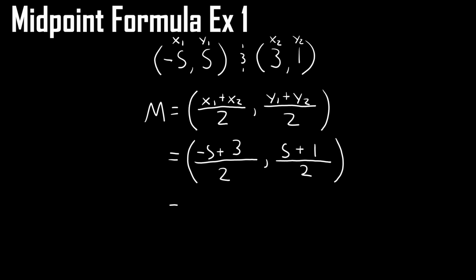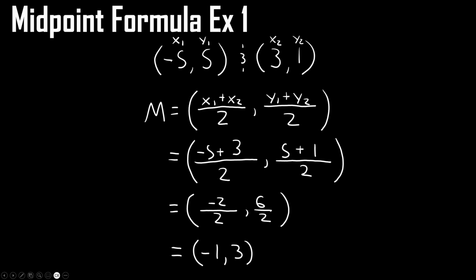This simplifies to -2 over 2 and 6 over 2, which gives us the point -1, 3. So the midpoint between the points -5, 5 and 3, 1 is -1, 3.